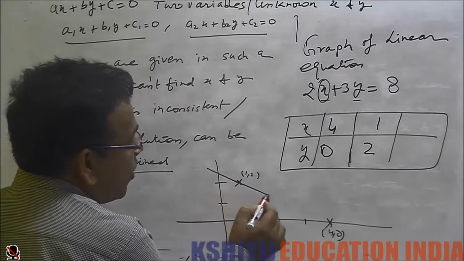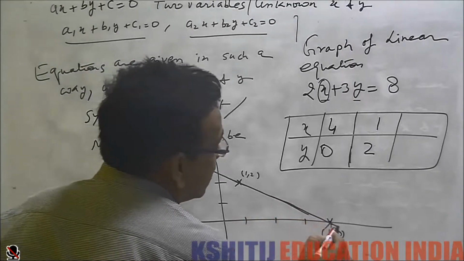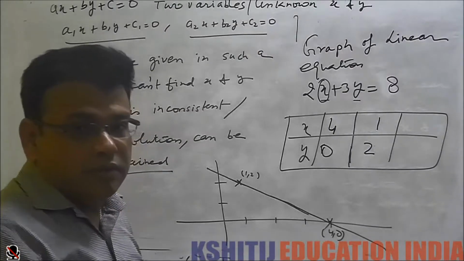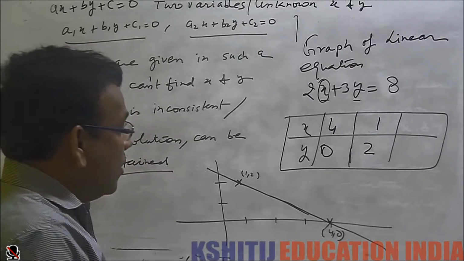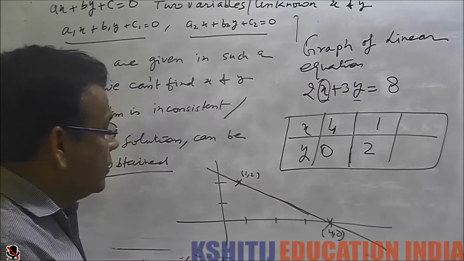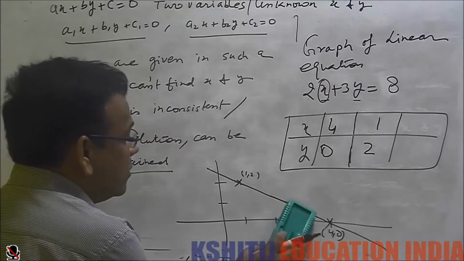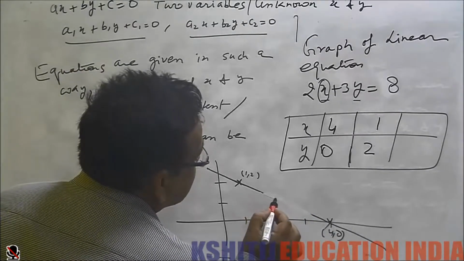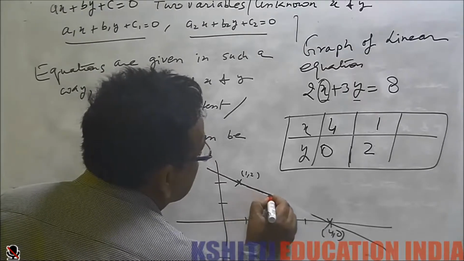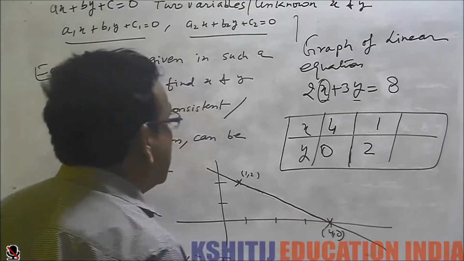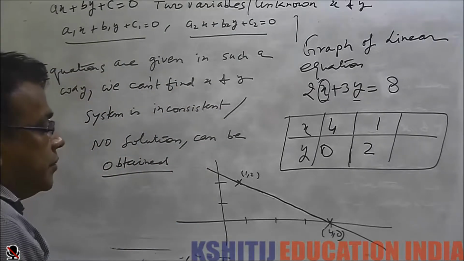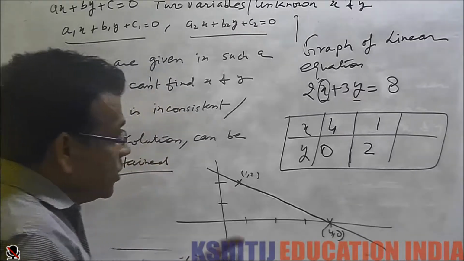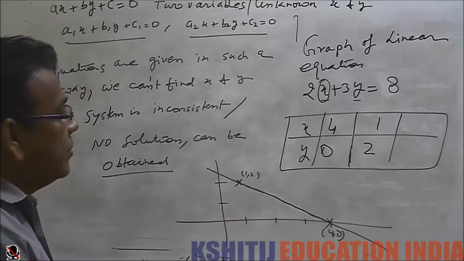When we join these two points, we get a straight line over here. So this is what we do in graphing, or putting this equation on the graph. Right? Let me make it a straight one. So this is the way we can draw the graph.